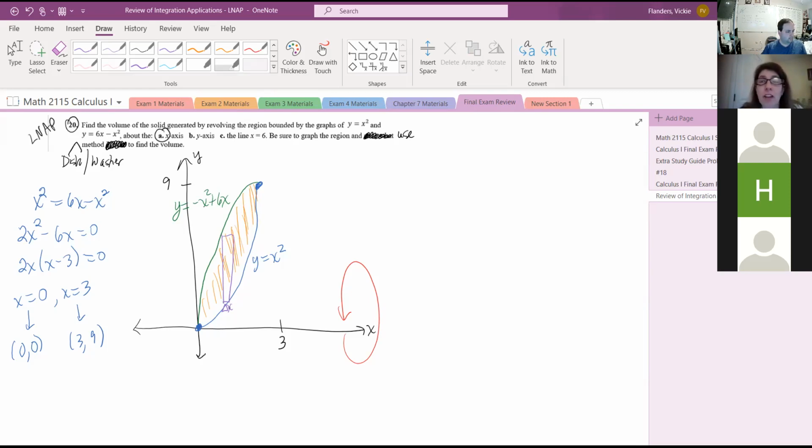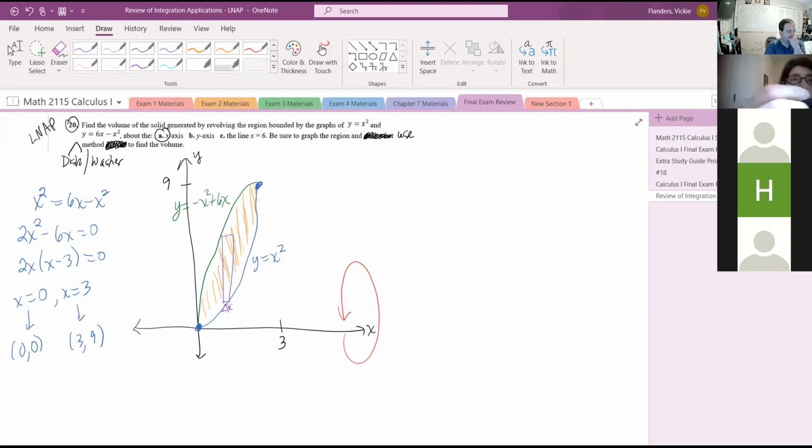So there's a logical progression of steps that you guys need to be aware of. Okay, because I have students asking me, Ms. Flanders, why do you have a vertical rectangle? Well, I'm told to use the disc washer method, and my axis of revolution is horizontal. Because they're perpendicular, I need a vertical rectangle.